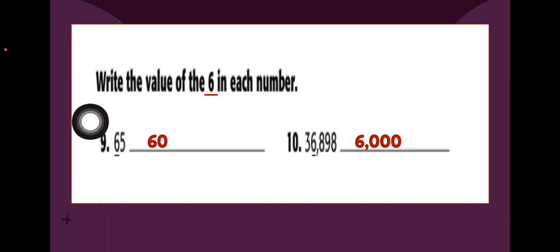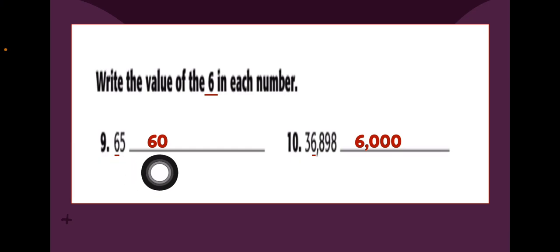Now we have numbers here. Can you read the question carefully? Write the value of the 6 in each number. Can you see the 6 in each number? Where is the 6 here? The 6 here, the place value is tens, with 1 zero.